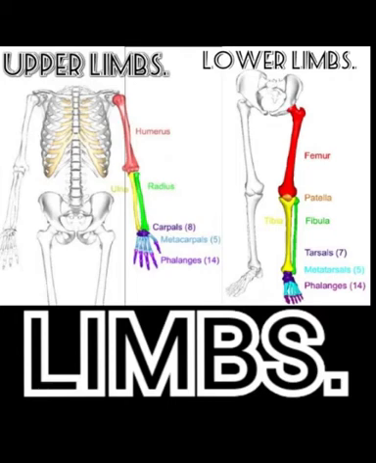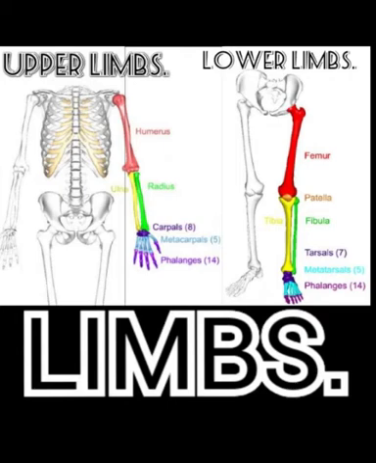In the second picture, the red color denotes the upper leg and the green color denotes the lower leg. The upper leg is made up of a single bone called the femur or the thigh bone.